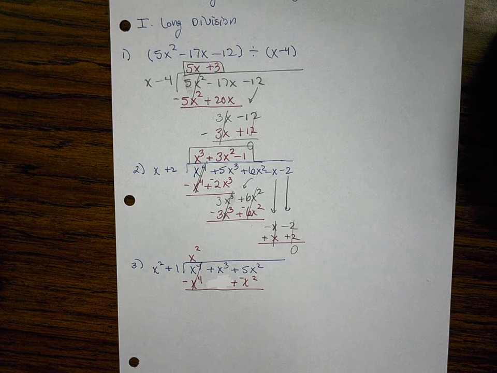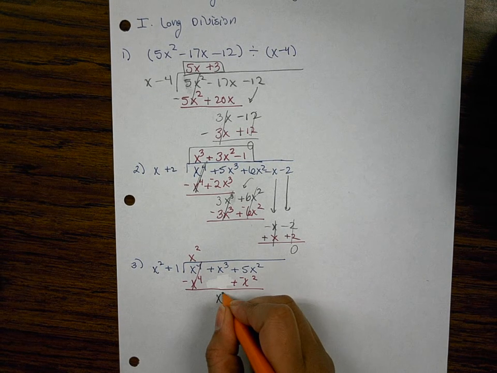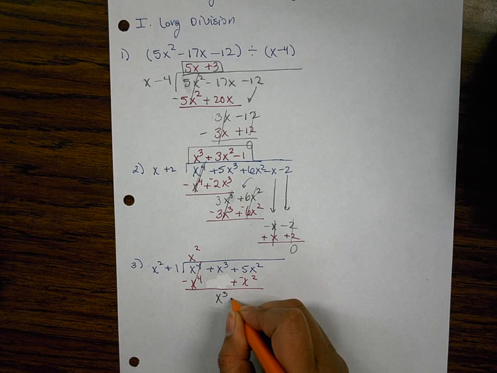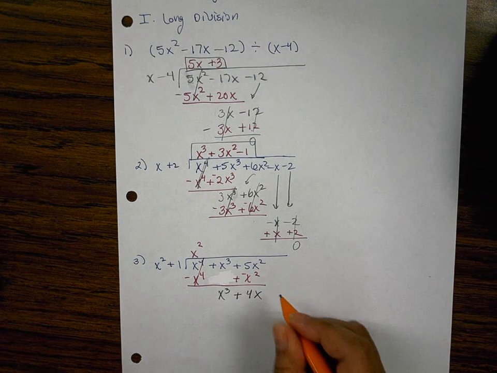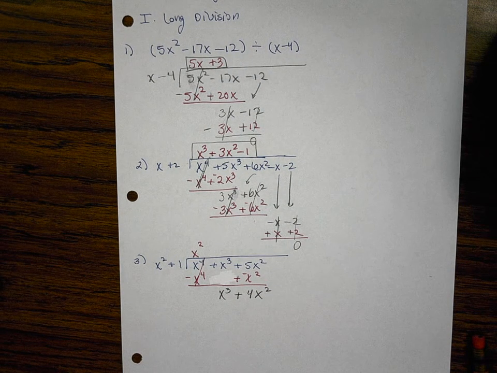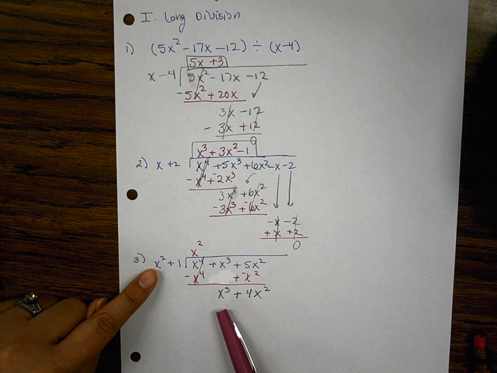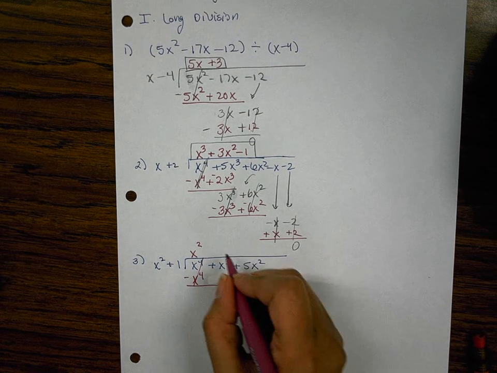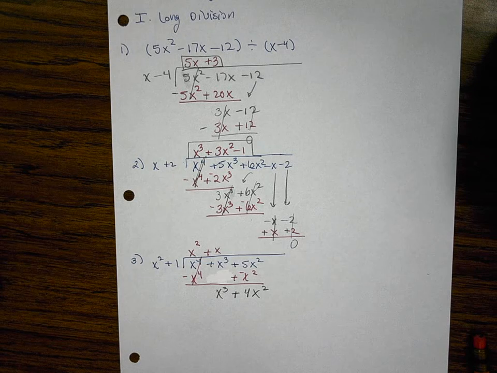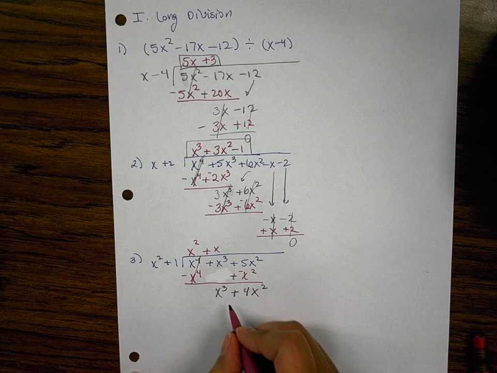All right, so we're going to subtract, so we distribute our negative. First set should always cross out. X cubed doesn't have a like term, so it stays x cubed plus 4x squared. And then we start over. X squared times what is x cubed? That's positive x.